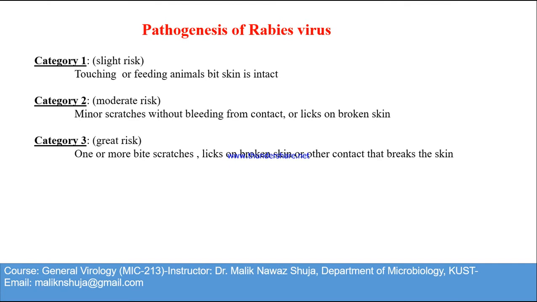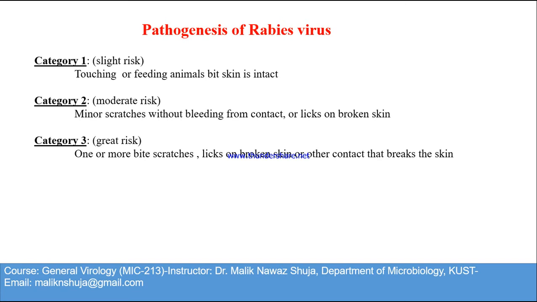So there are chances that if we are doing some sort of activity in which touching and feeding animals brings skin into contact, we are at a little bit of risk.